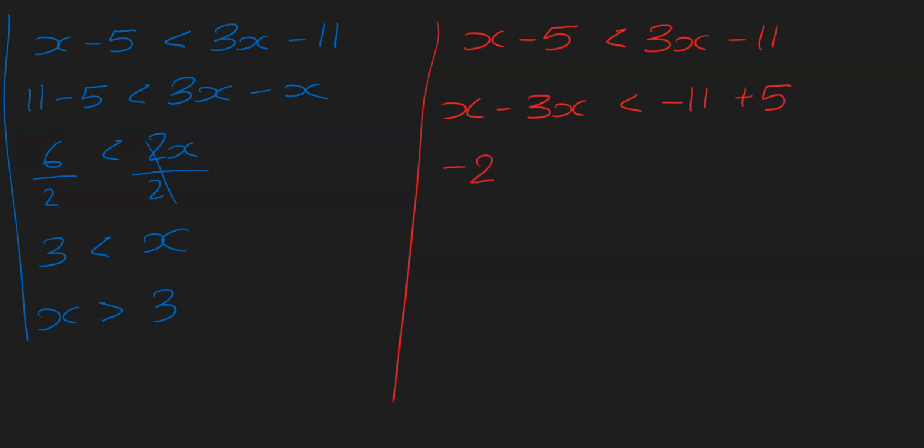We get negative 2x is less than negative 6. Now, like I said earlier, if you divide by a negative number, or multiply by a negative number, the inequality flips. And that becomes x is greater than positive 3. And you get the same answer doing it either way. So you just need to remember both ways work.